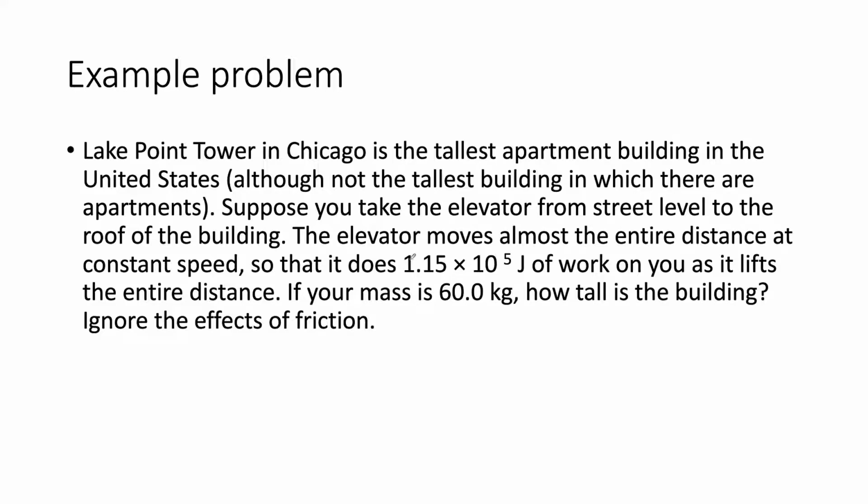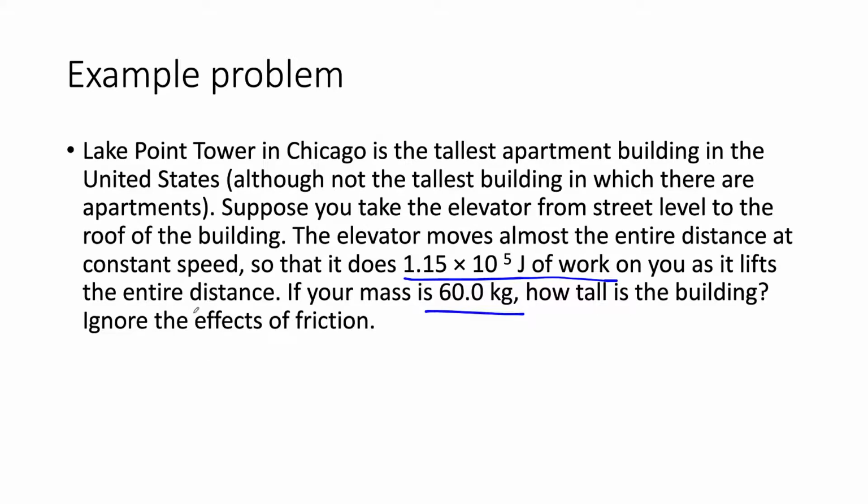So this is now our value for work. The mass is 60 kilograms. We're looking for how tall the building is, and we're looking at the work on us, on me or you as we're going up the building.